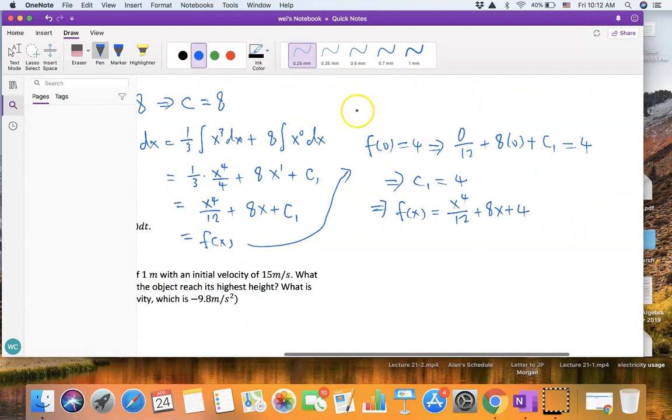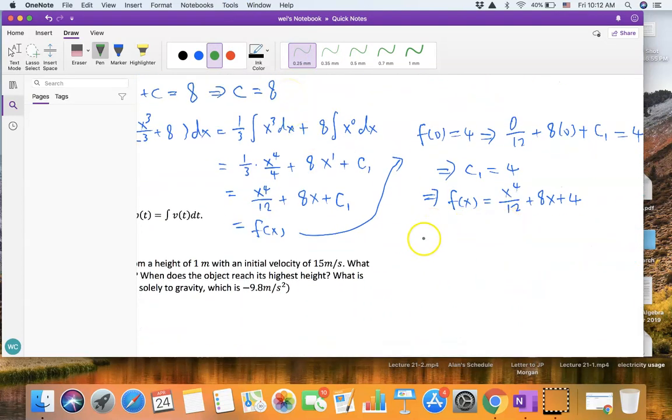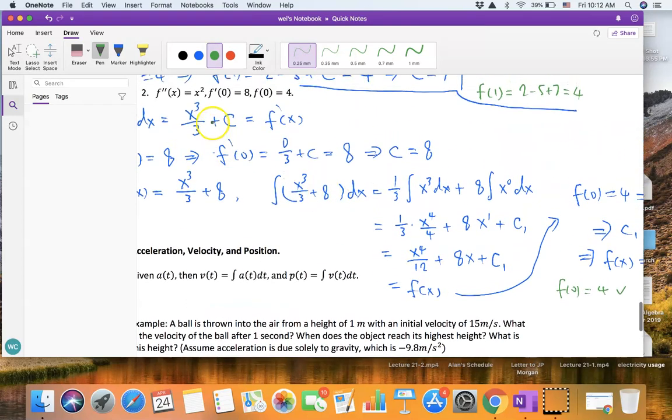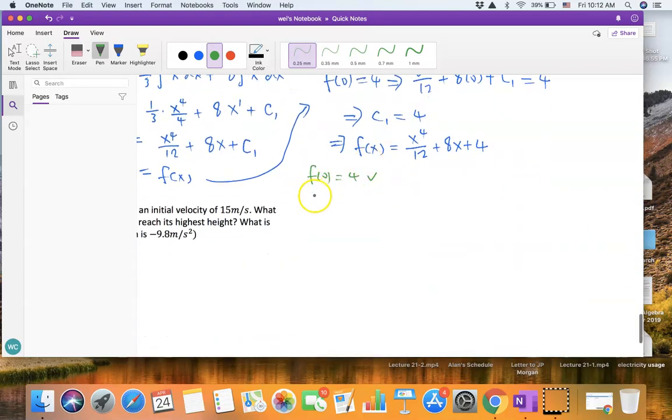Now let's verify this result. Let's start with the initial conditions. When x equals 0, the function value equals 4. And the second condition is the derivative equals 8 when x equals 0. So the derivative function is x to the third over 3 plus 8, and when x equals 0, this equals 8.